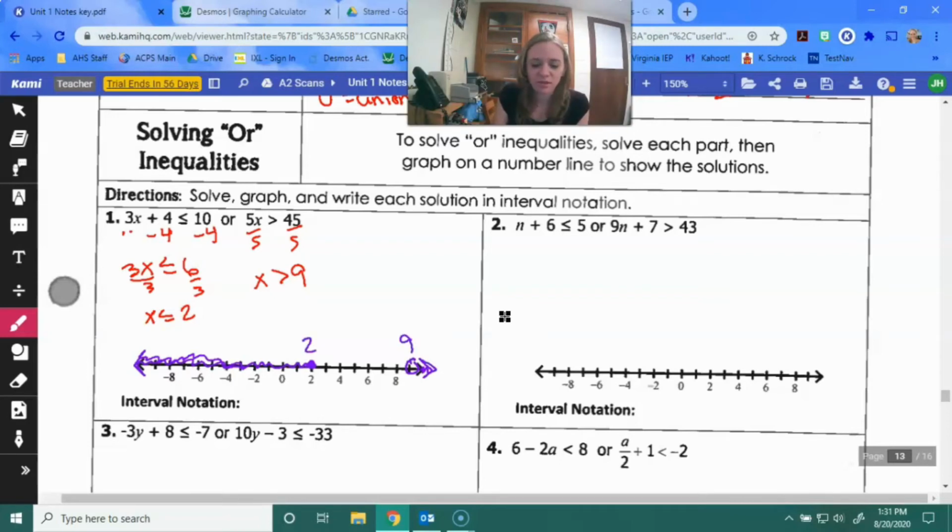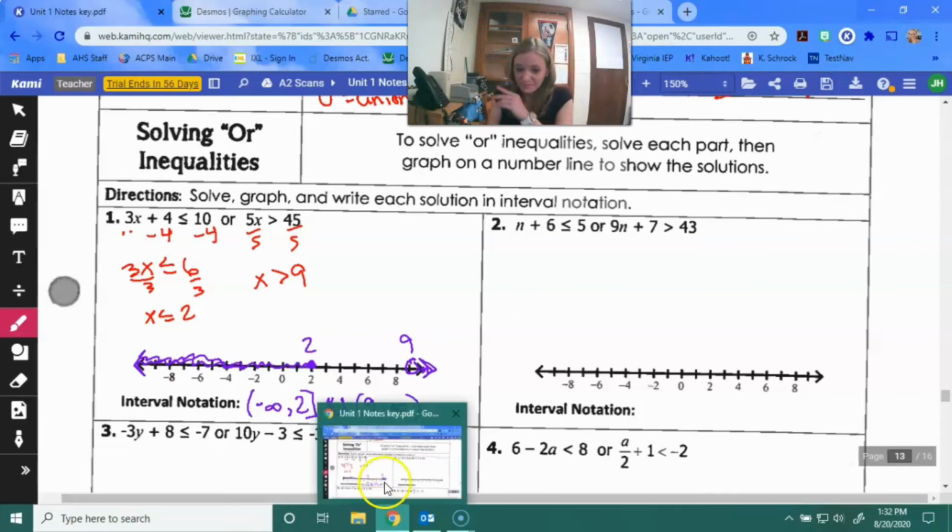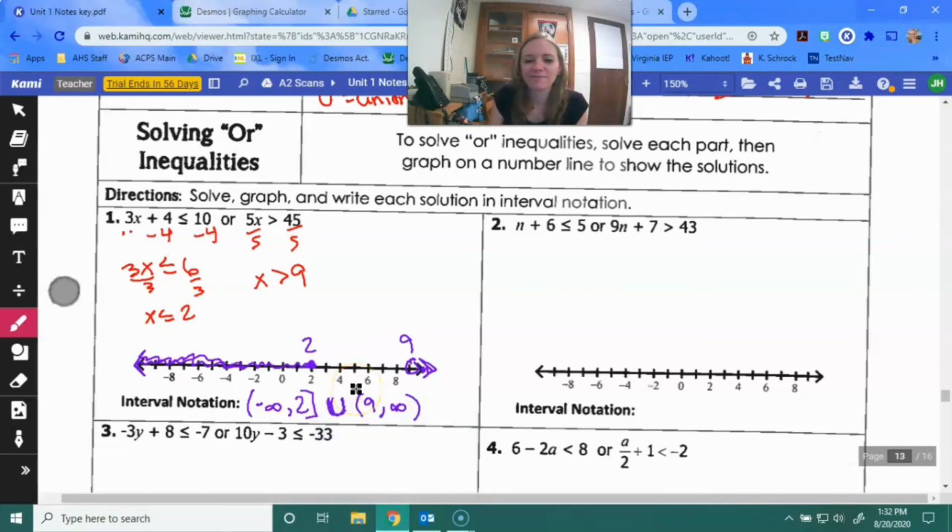If you want to write them in, just in case it's a little hard to read, go for it. Interval notation: negative infinity to 2, and it's a solid circle, so you use a bracket, union with 9 to positive infinity. So, what do you think? Hopefully it's not too bad.